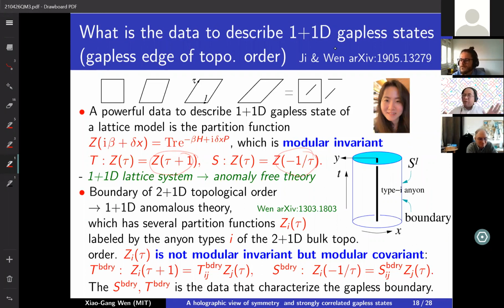This is the general point of view for any topological order in any dimension. So the topological data we talk about is really this vector bundle on the moduli space of deformed Hamiltonians. That is a better, more general way, not using the ST matrix. Maybe I should use more mathematical language to describe it; I'm using pretty physical language for this talk.